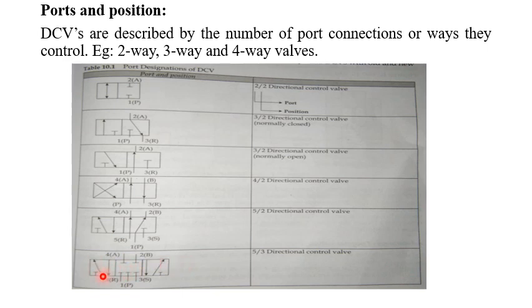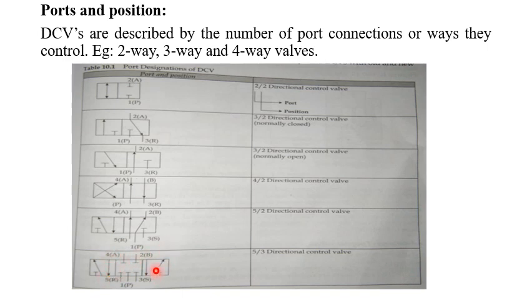Depending on the actuation, the left side and the right side will actuate. Clear? So in the middle configuration all ports are closed, not connected to anything. If we come to the first position, the pump port is connected to 4, and from 2 it is interconnected to 5.